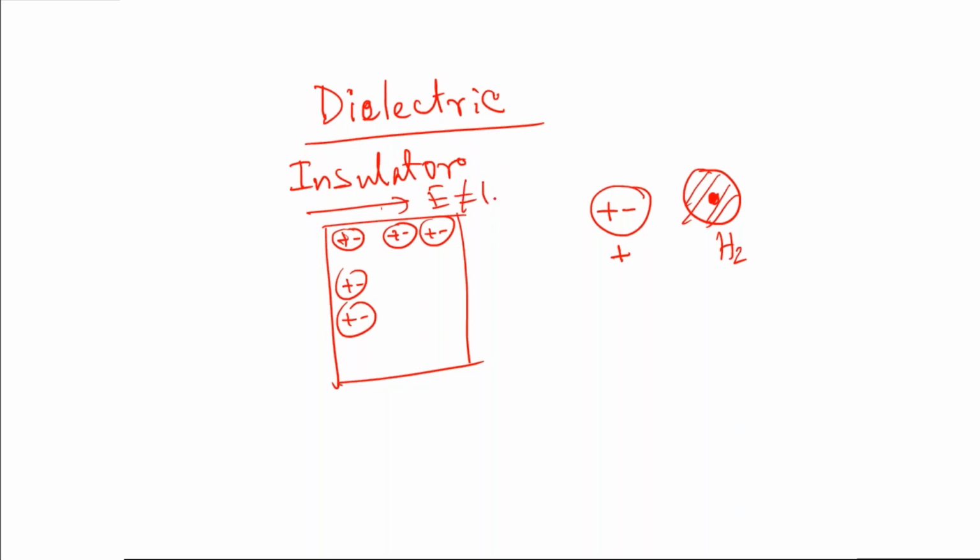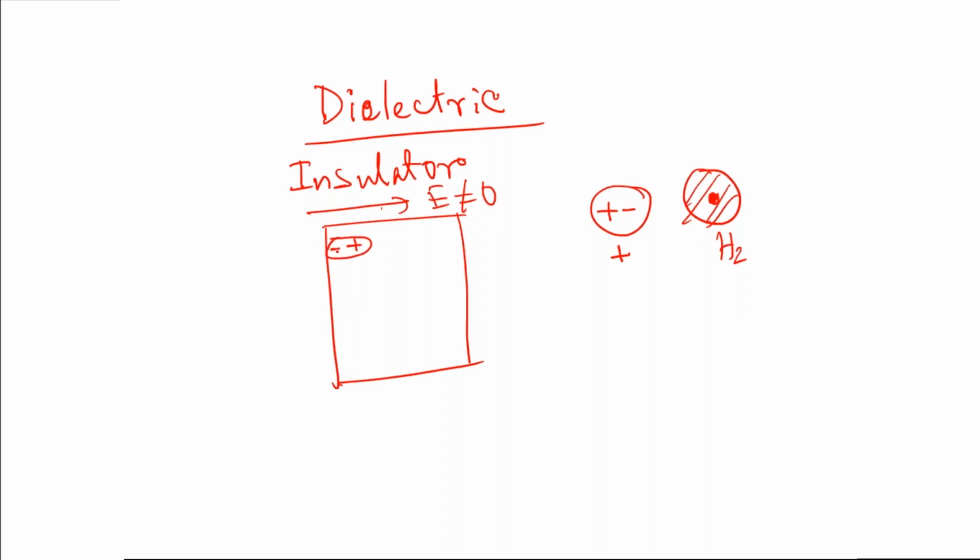Now if we apply the electric field over here, see what happens to this material. Now E is not equal to 0, an external field is applied. So the situation will be a little different, but not very much different. The positive and negative charges get displaced from their position. If you apply the electric field this side, the positive charges will move this side, and the negative charges will be like this.